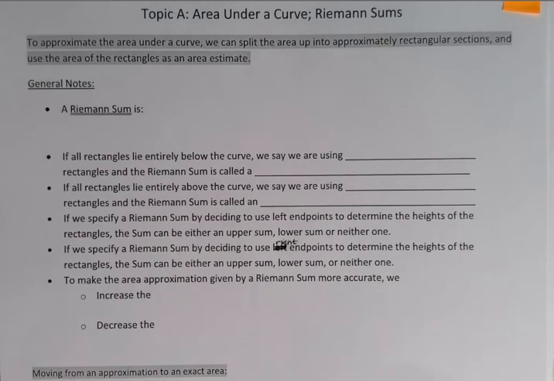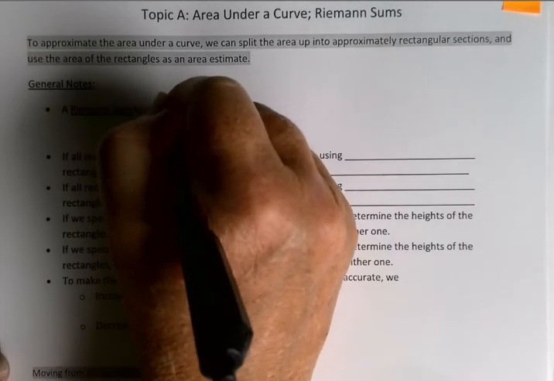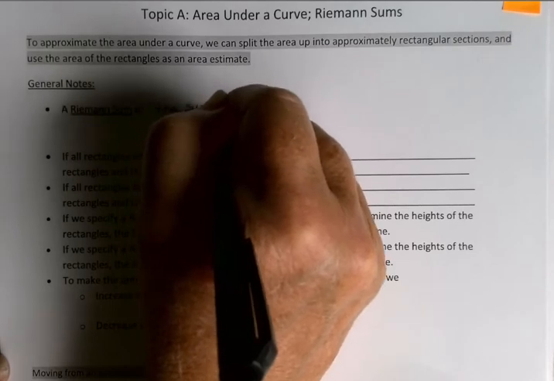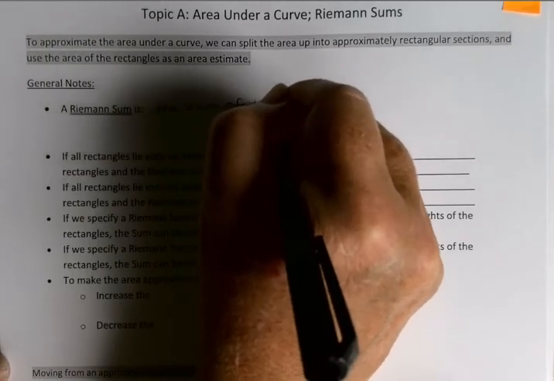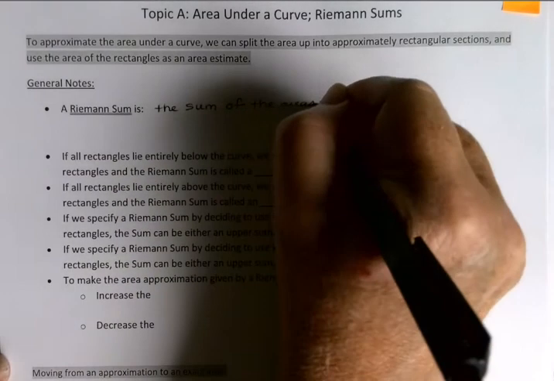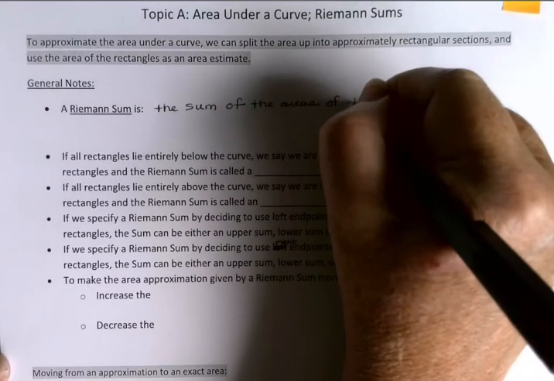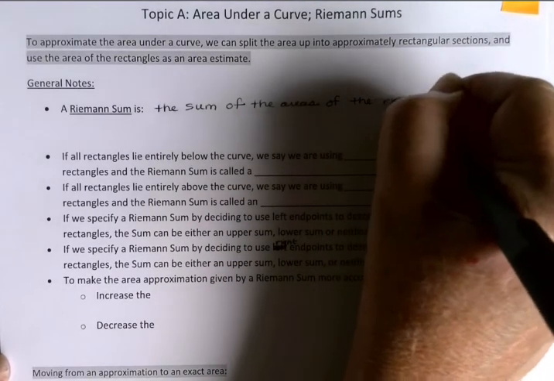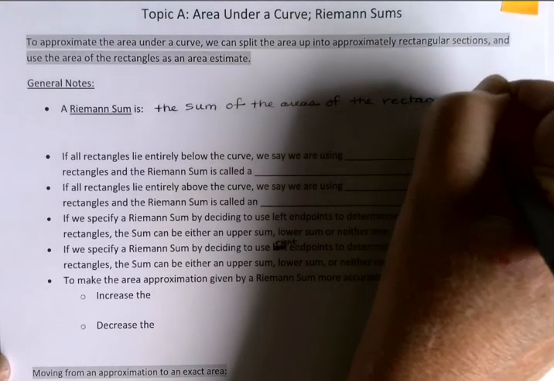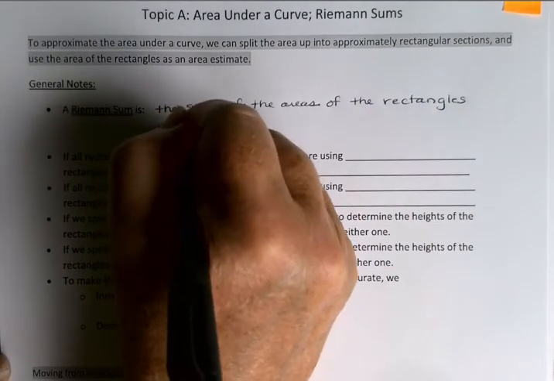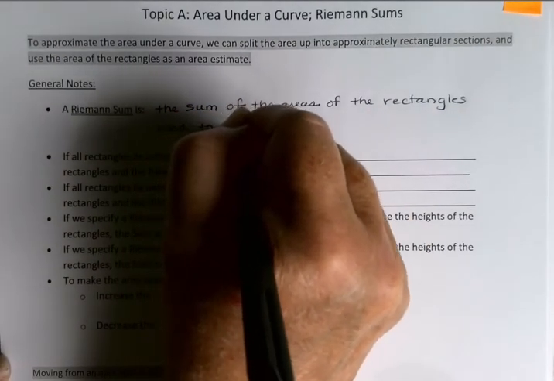Again, a Riemann sum is the sum of the areas of the rectangles used to approximate the area under the curve.